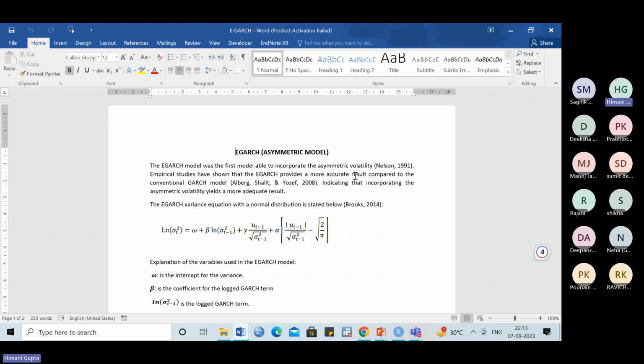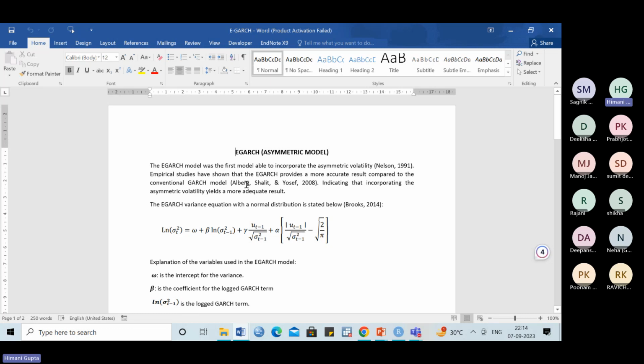I have taken the stock markets of 5 different countries, and then I compared SGARCH, EGARCH, and GJR, and I found that in 4 of the countries, EGARCH was the best model. And in one country, GJR-GARCH is the best model. So my net result was that EGARCH is the best model to forecast volatility, to calculate volatility, to see the impact of volatility.